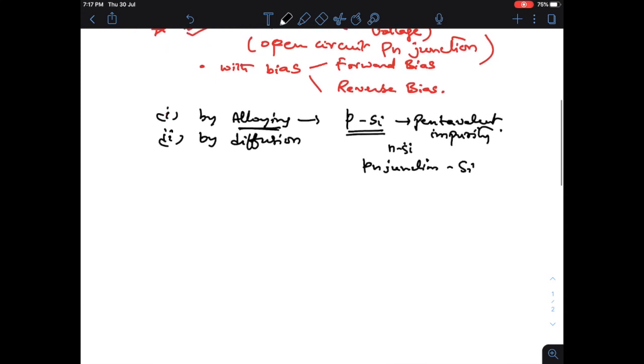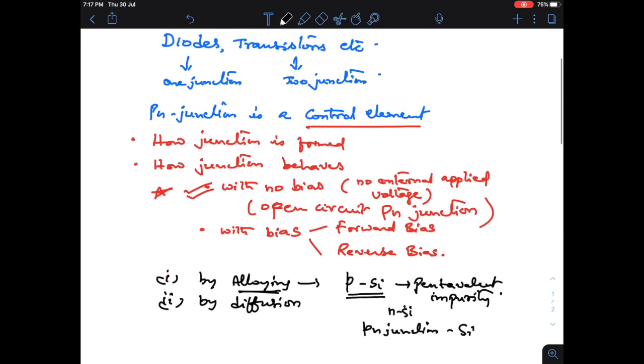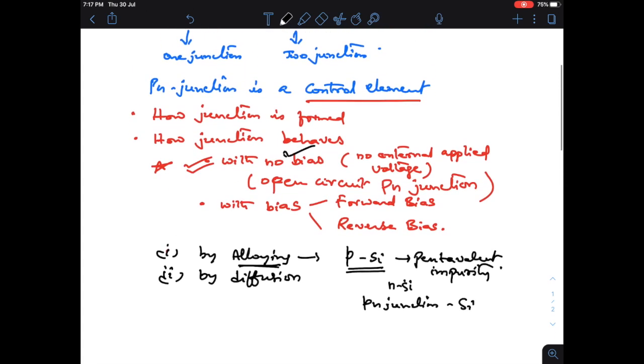Then we will discuss how this junction behaves. Now, as I said, I am going to discuss with no bias.